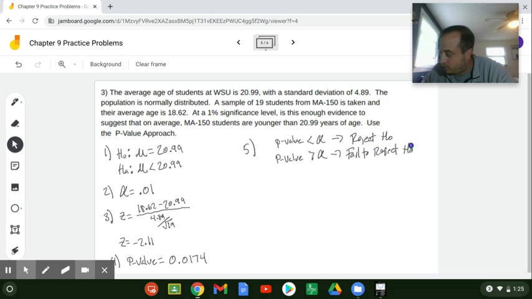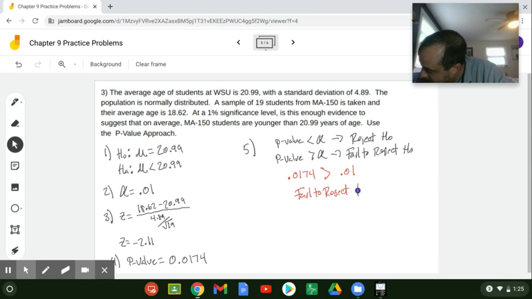So here, my p-value is 0.0174, and my alpha level is 0.01. 0.0174 is greater than 0.01, meaning I am going to fail to reject the null hypothesis. My p-value is greater than my alpha level. So if the p-value is greater than the alpha level, we fail to reject. If the p-value is less than the alpha level, then we would reject.